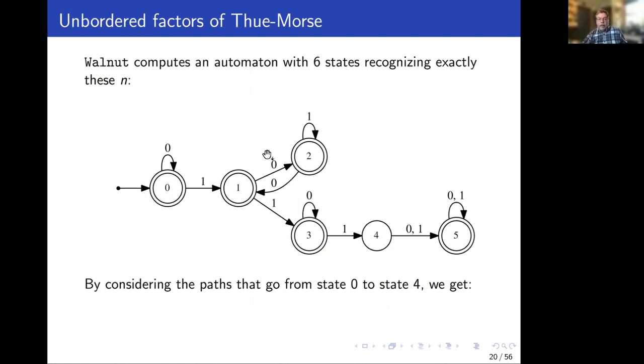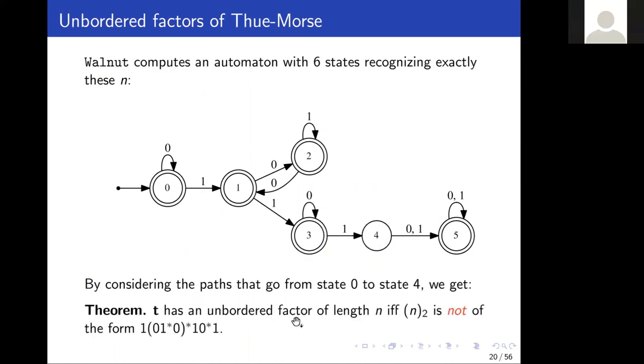If we look at this automaton, we see that there's one non-accepting state. So t has an unbordered factor of length n if and only if n in base 2 is not of the form 10(10)*(01)*... that's the only path that leads to a non-accepting state.